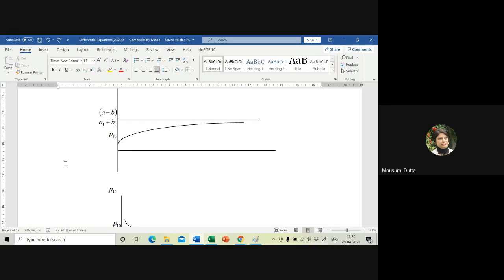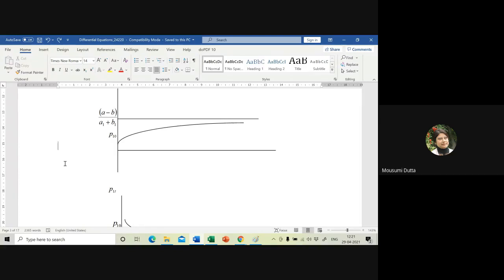However, when I am using the limiting sense as t moves towards infinity, in the case of the first derivative, this limiting concept is capturing that slowly it is merging with the equilibrium price.